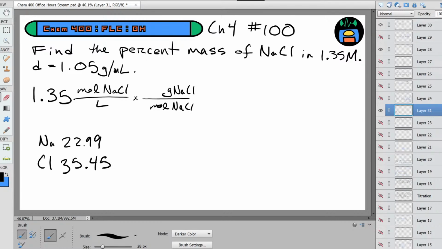So when we add these two together, we get 58.44 grams per 1 mole.